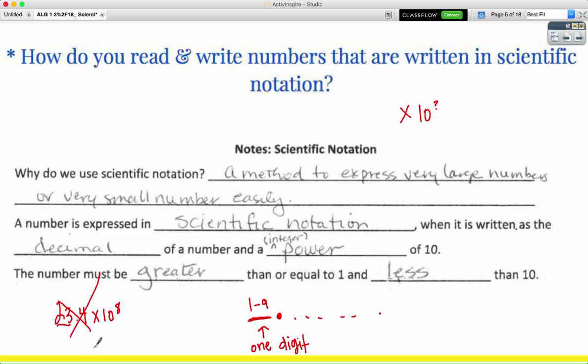If I have 0.234 times 10 to the 4th, well, there's something there, but it's a 0, so technically there's no digits because I need a 1 through 9, so that's also wrong. So it has to be one digit between 1 and 9 that's to the left of the decimal times 10 to some power. That would be scientific notation. Any other format, it's improperly written.